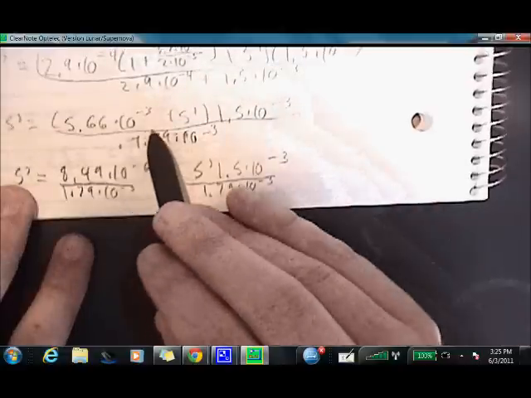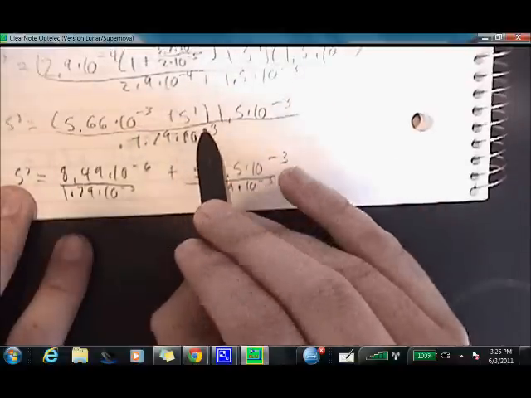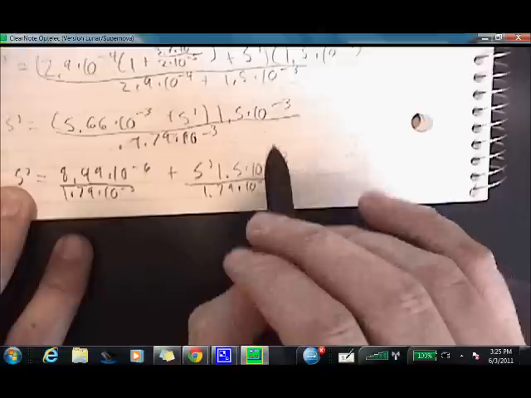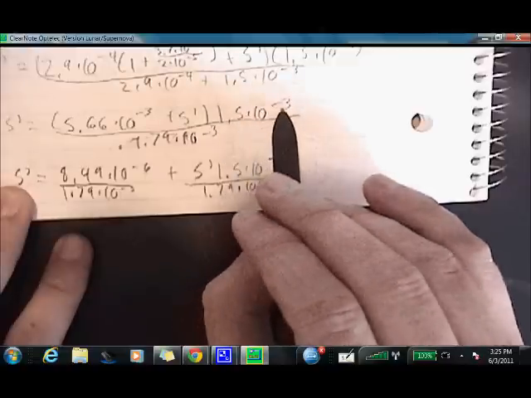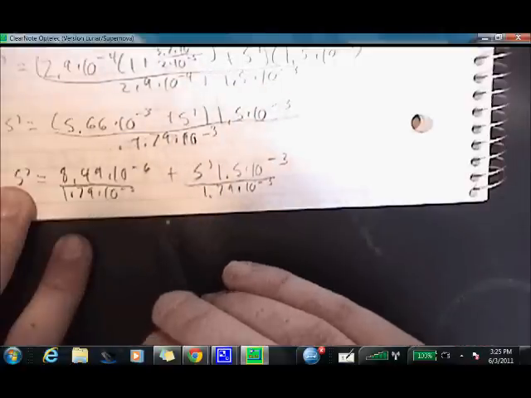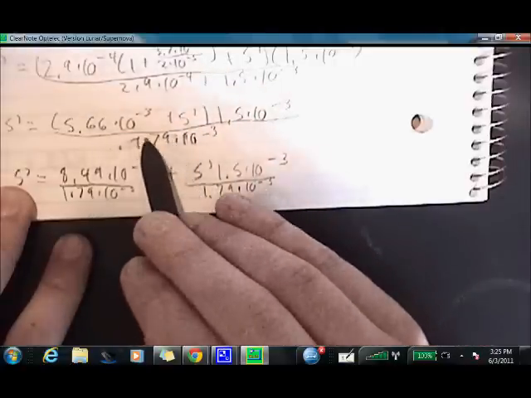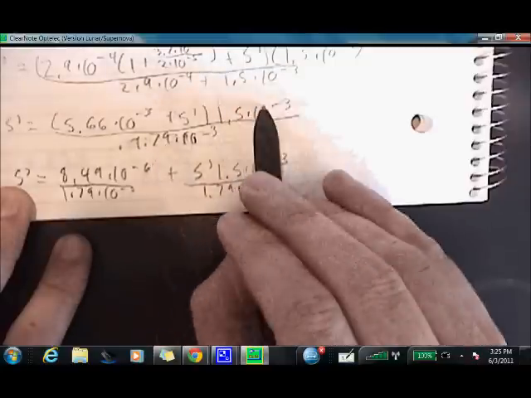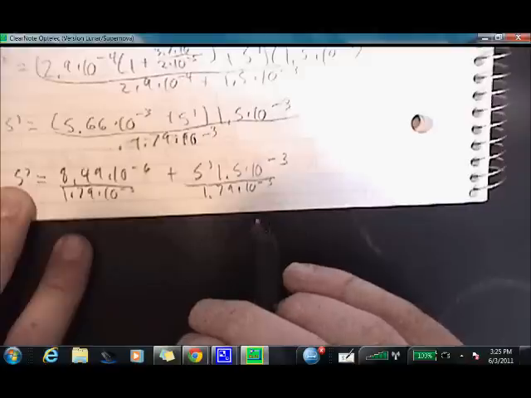Okay? Then you can distribute this bottom out to each one. You can distribute out to this one and this one, as well as this 1.5 times 10 to the negative third out here. What you could have done as well is taken this substrate concentration divided by this, and then distributed it out.